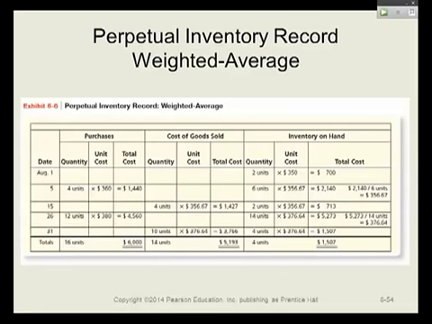So in a period of inflation, ending inventory should be higher under FIFO because these are the newest costs. And if LIFO assigns the newest cost to the cost of goods sold, then it should be the highest cost of goods sold in a period of inflation. We're going to talk about that in just a few minutes.